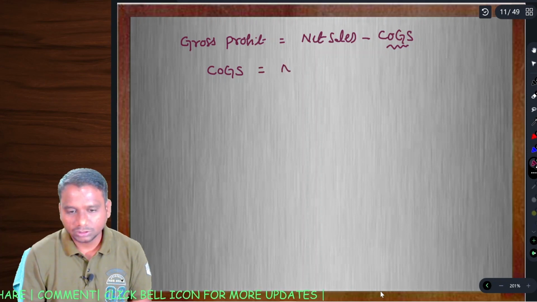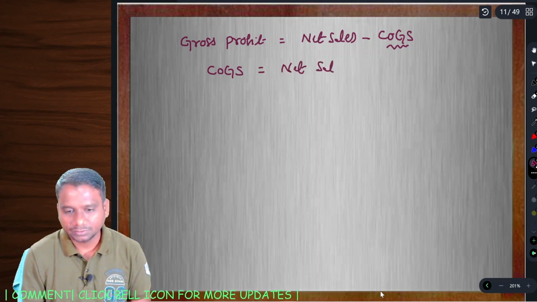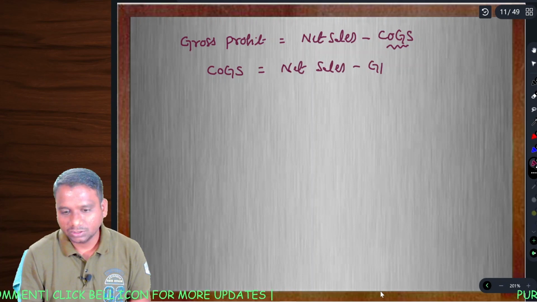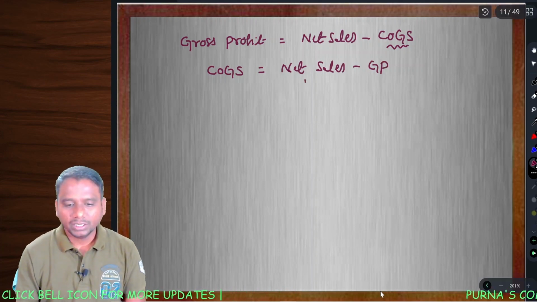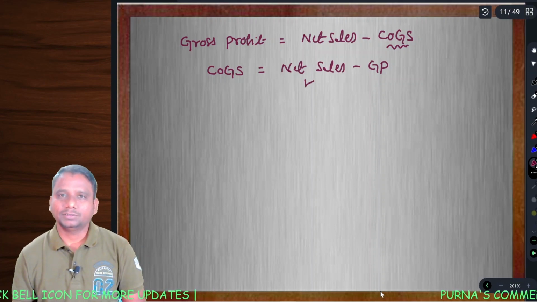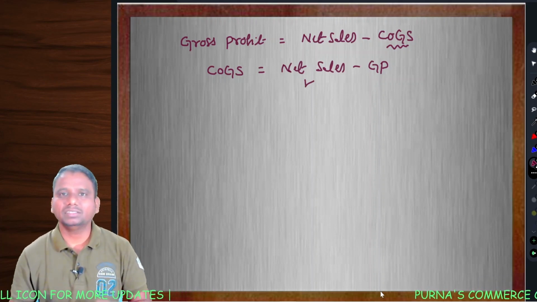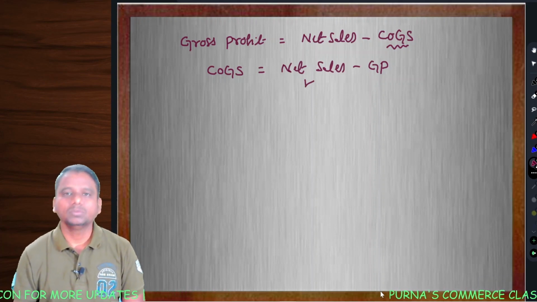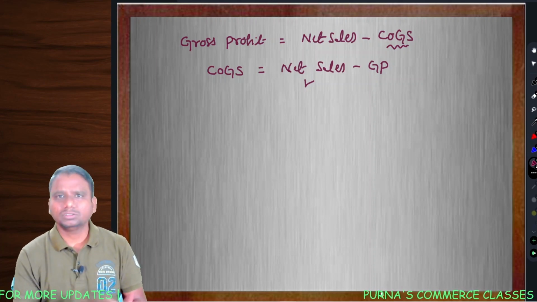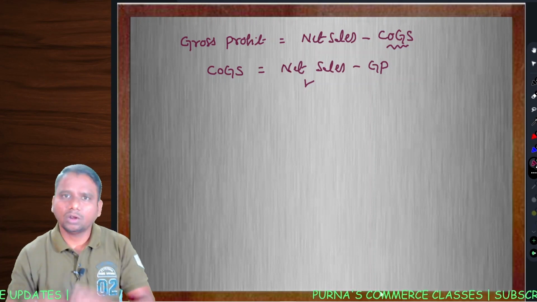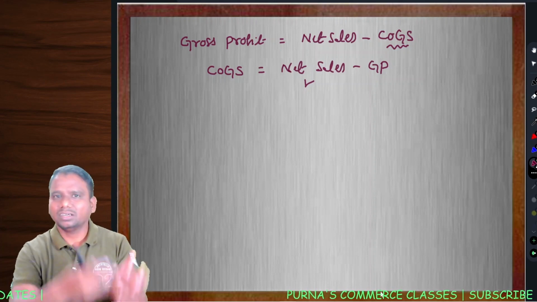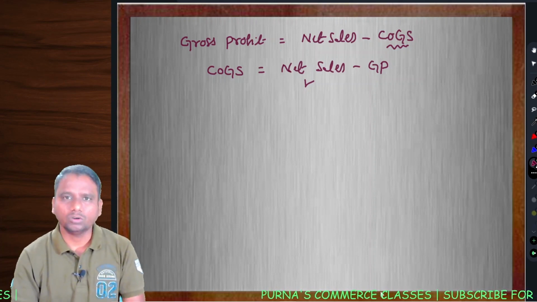Cost of goods sold is equal to net sales minus gross profit. Here you can get the information of net sales. From our customers we may get these details, or from the books of accounts. I said nowadays we are maintaining books of accounts in a cloud system. With the cloud system, we can retrieve the data about the sales easily.